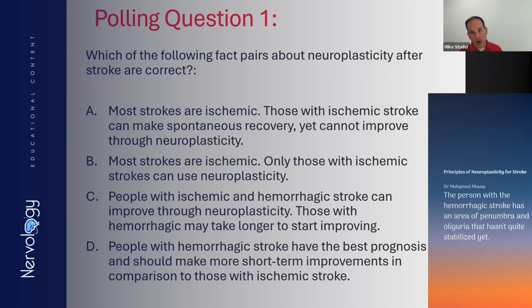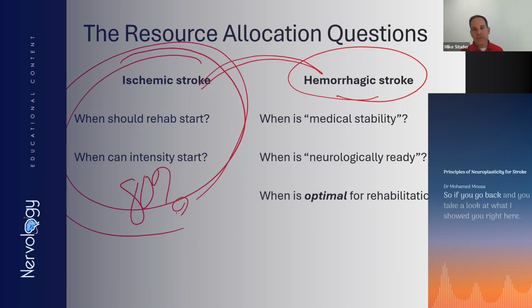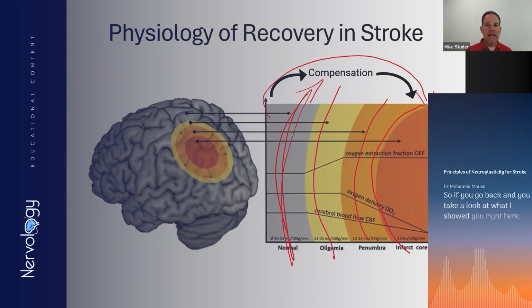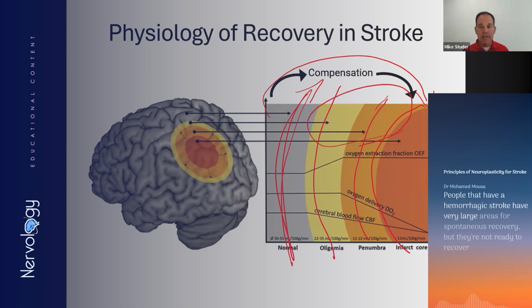The person with the hemorrhagic stroke has an area of penumbra and oligemia that hasn't quite stabilized yet. So if you go back and you take a look at what I showed you right here, people that have a hemorrhagic stroke have very large areas for spontaneous recovery, but they're not ready to recover and demonstrate this unmasking of these areas that are in shock for the first 3 days to 4 days, and sometimes as long as 2 weeks.